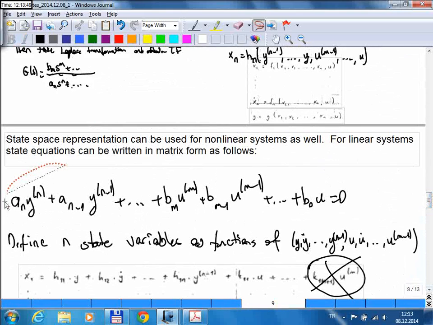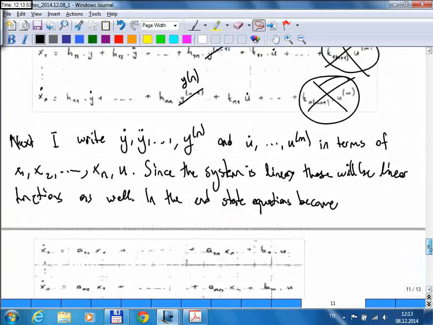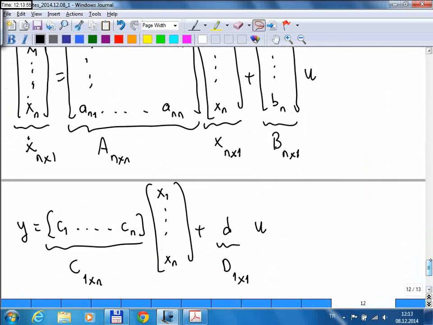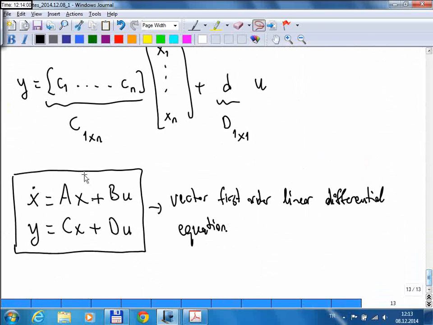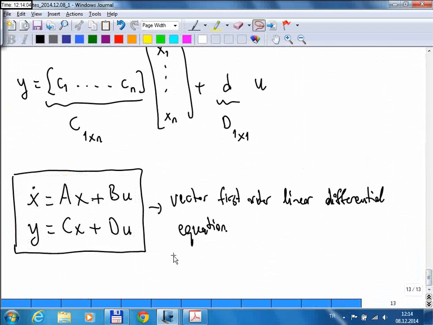Instead of integrating this equation, it's easier to integrate these equations. And also there are some very powerful analytical methods that are applicable to equations in this form. So we have analytical tools as well that we can use for such systems. That's why the state space approach is very powerful.